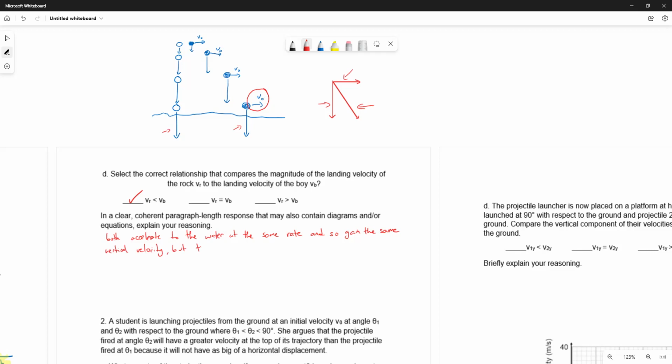But the boy maintains a horizontal velocity because there's no acceleration in the x direction.